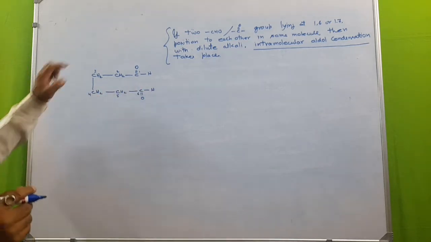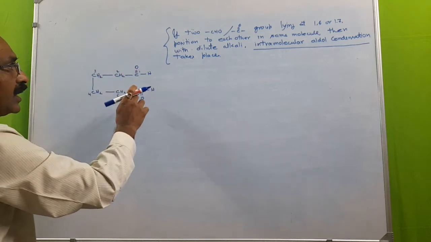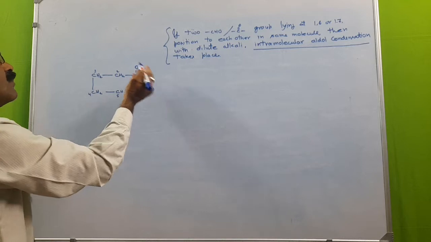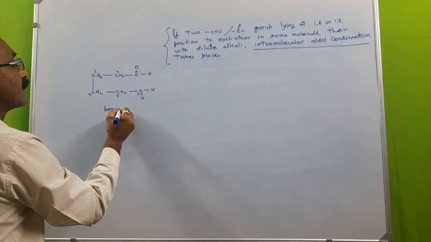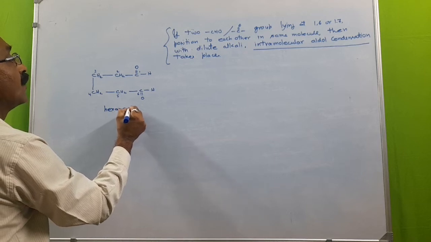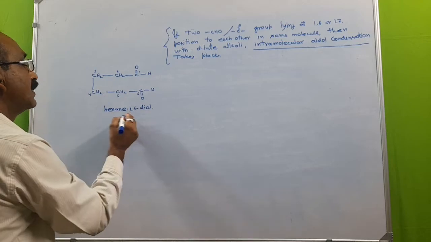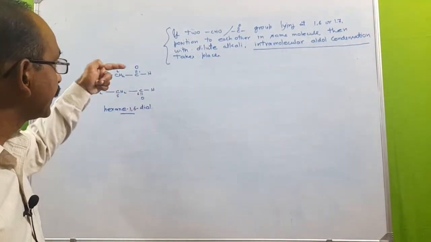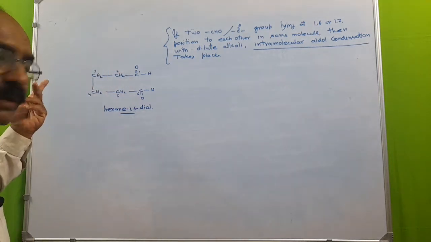See, here the molecule is having 2 CHO groups, and they are lying at 1,6 position to one another. The name of this compound is hexane-1,6-dial. So this is the molecule. Here there are 2 aldehyde groups and they are lying at position 1 and 6 to one another, or maybe 1,7, you know.